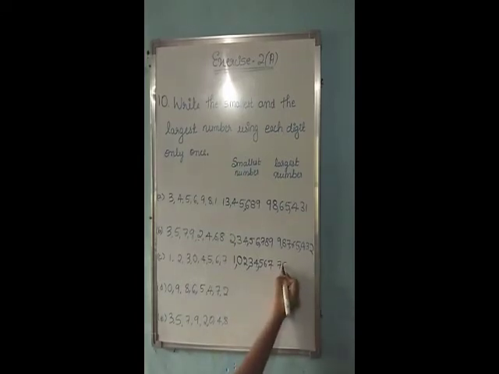Similarly, by arranging the given digits in descending order, we will get 7, 6, 5, 4, 3, 2, 1, 0. So the largest number is 76,543,210.